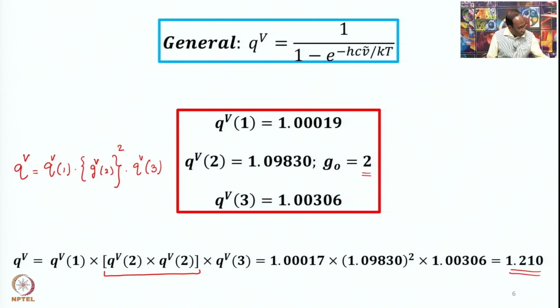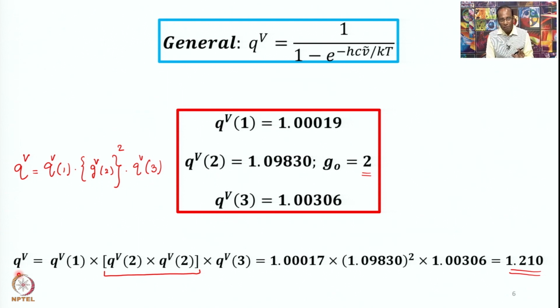Once you multiply all this, you get a value of 1.210. You have to be a little careful when you are dealing with the vibrational partition function, because as I discussed in the previous lecture, each normal mode of vibration will give rise to its own partition function. Once you know the value for each normal mode, you can use this multiplicative rule to get an overall value of the vibrational contribution to the partition function.